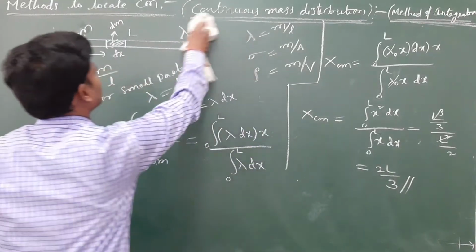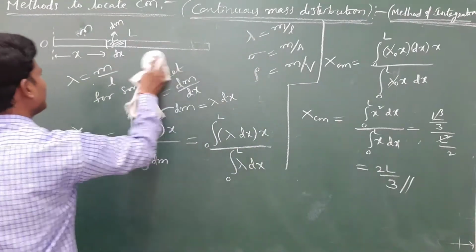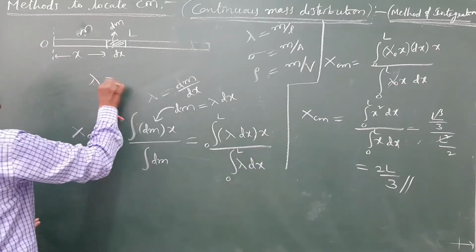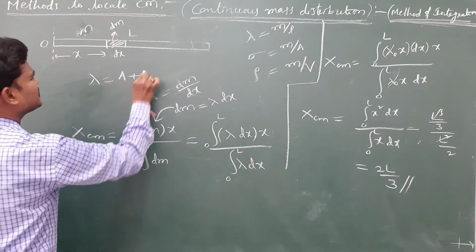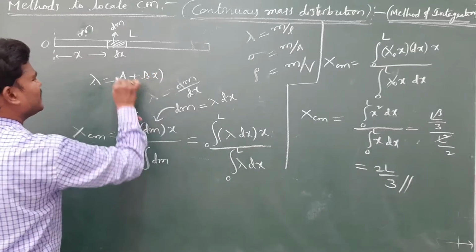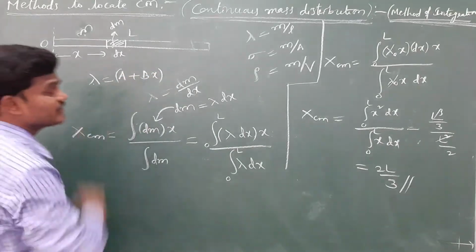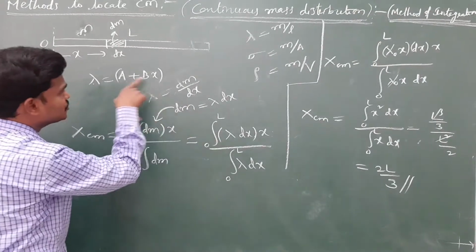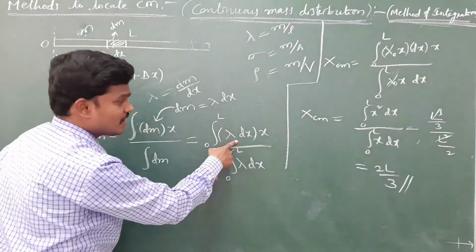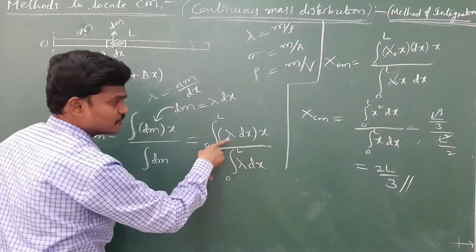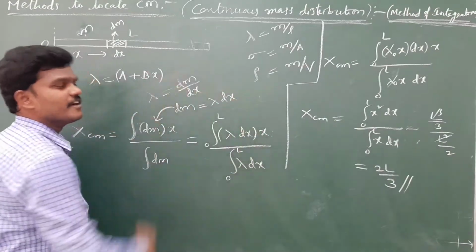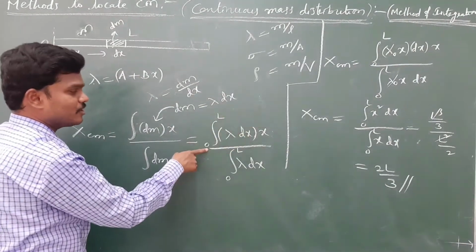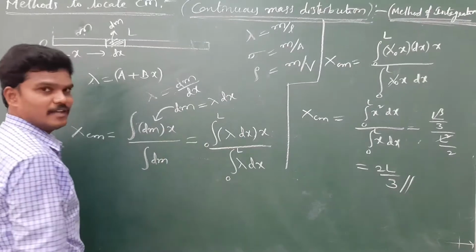Or lambda may be given as a plus b x, where x is the variable and a, b are constants. In place of lambda, just substitute a plus bx, multiply by x, do the normal integration, and you will get the final answer in terms of a and b with L, because the limits are 0 and L.